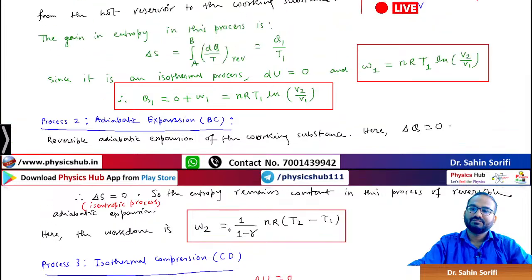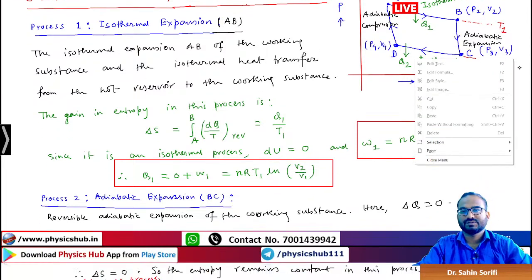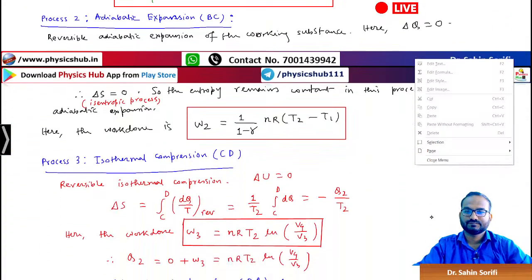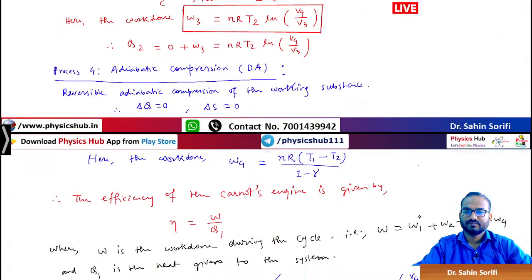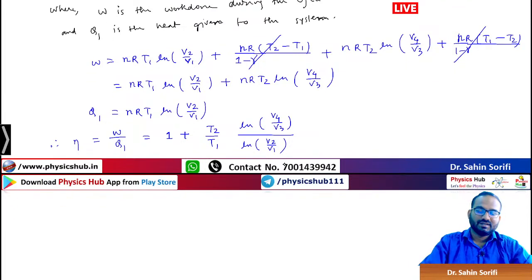Now you can see, if you talk about this B to C, what is the process? It is adiabatic expansion. For adiabatic expansion, you know, PV to the power gamma is equal to constant. So that directly means TV to the power gamma minus 1 is equal to constant, right? Now we have to remove this ln V4 by V3 divided by ln V2 by V1.